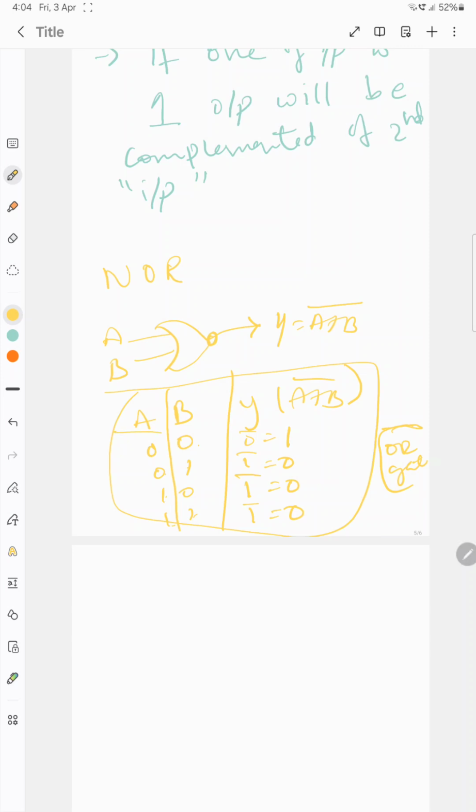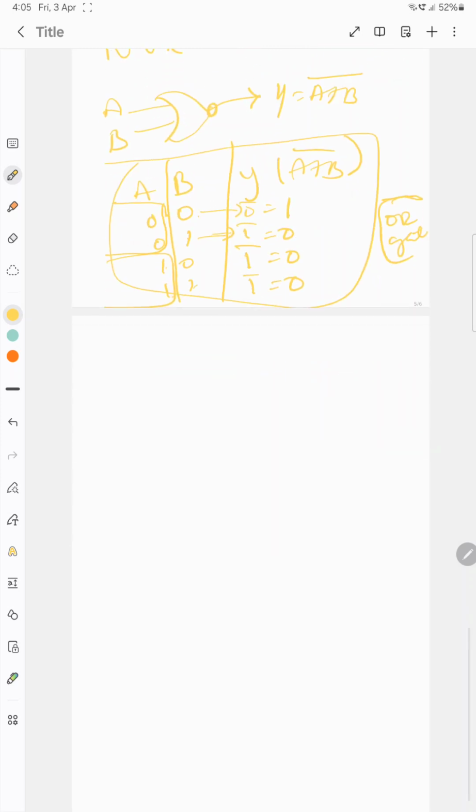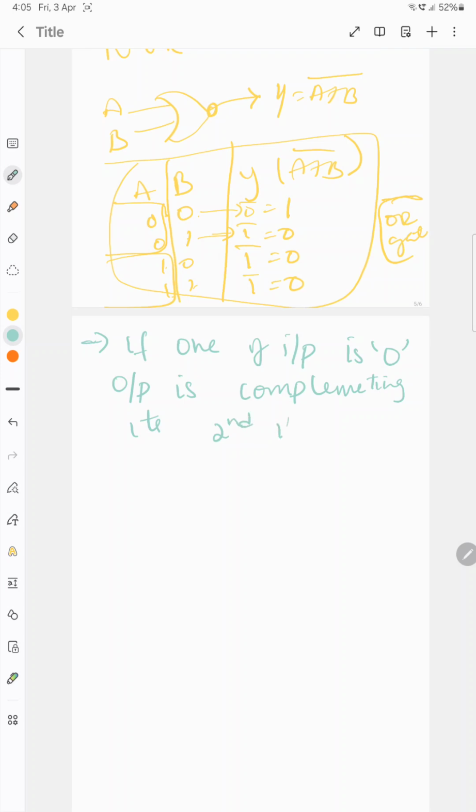Here, if one of the inputs is 0, the output will be the complement of the second input. If one of the inputs is 1, the output will be 0 no matter the second input. So if one of the inputs is 0, the output is the complement of its second input.